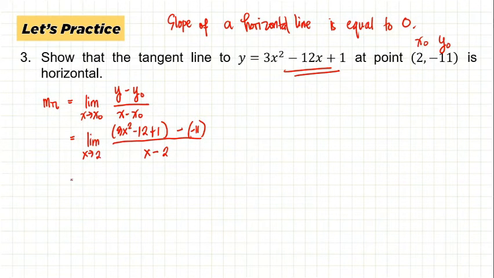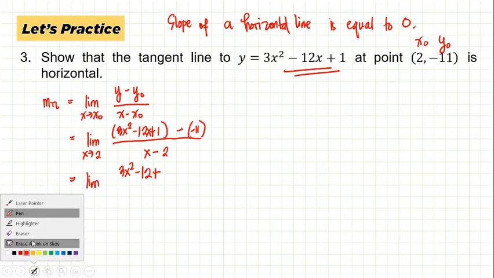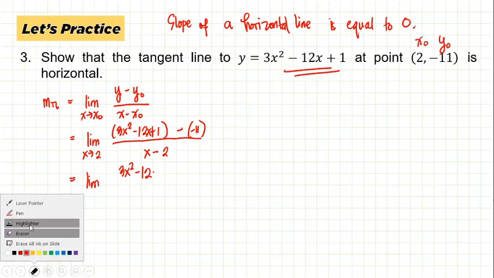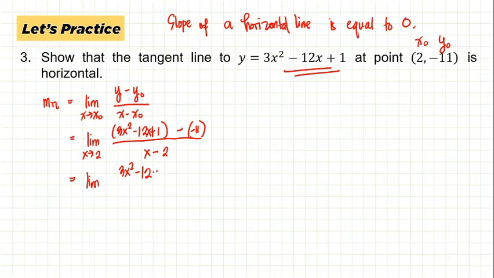Okay? Now, simplifying, we will have 3x squared minus 12x plus 1 plus 11, because the negative of negative 11 is positive 11. So 1 plus 11 is 12, all over x minus 2 as x approaches 2.